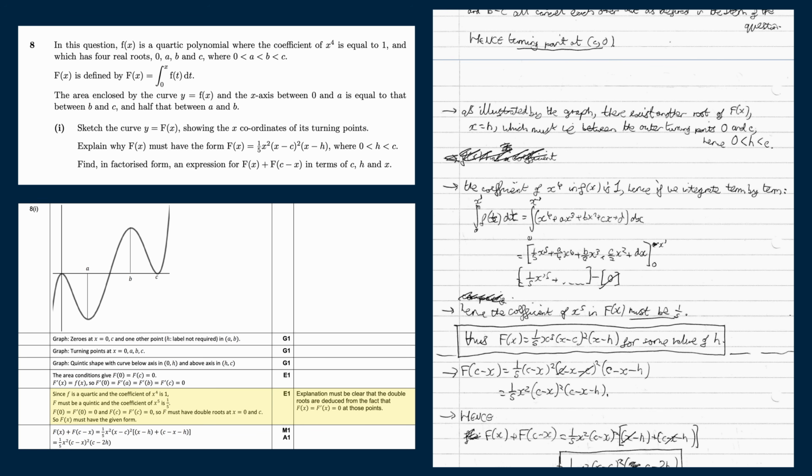We could have just said that the x to the 5 coefficient comes from integrating 1 x to the 4, integral x to the 4 is a fifth x to the 5, and then just a dot dot dot to remind the reader that there are more terms to come.